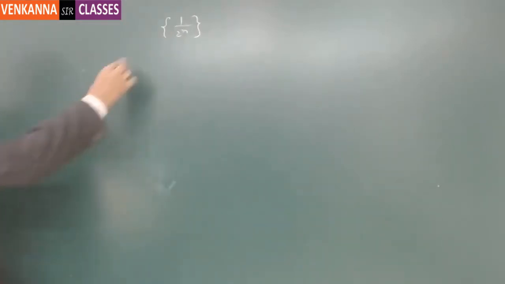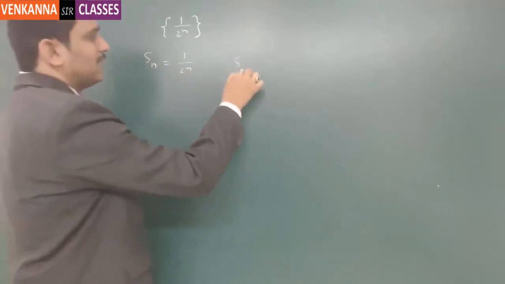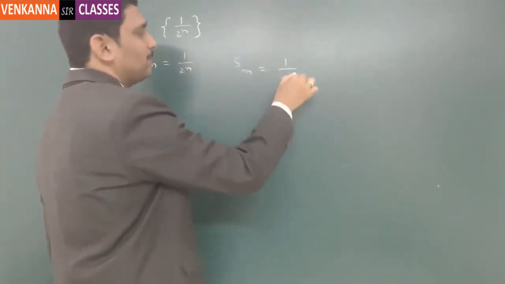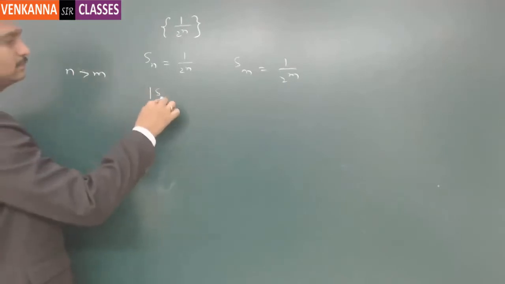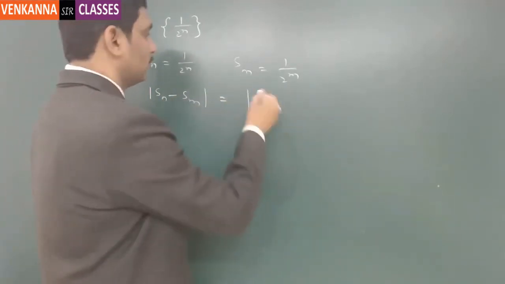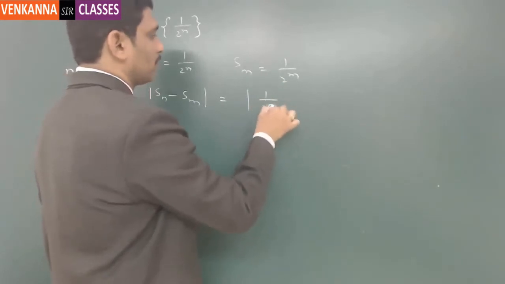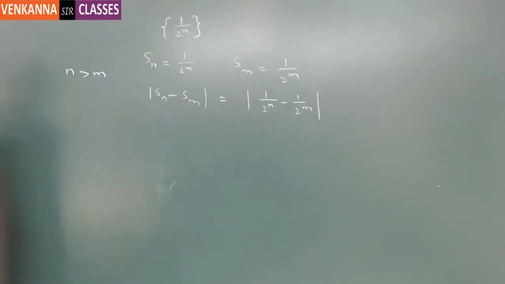If you take Sn, it is 1 by 2 power n. If you write Sm, it is 1 by 2 power m. And obviously, n is greater than m. Now consider the difference between them. How to do the simplification here?